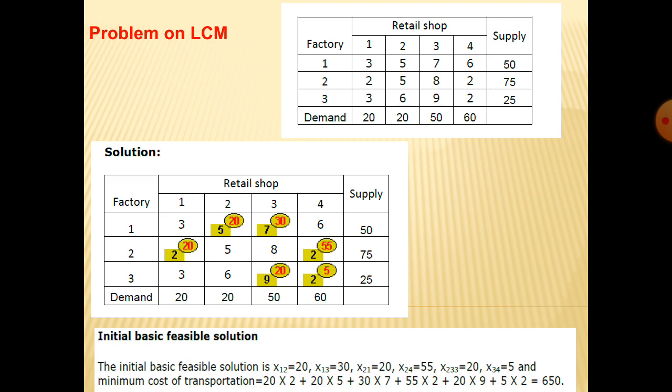In the least cost method, as I already told, in the entire cost matrix you select the minimum cost and allocate for that. Then you select the next least cost, and if it exceeds the supply and demand, you go for another minimum cost. Then you go on allocating. Then you solve the problem.